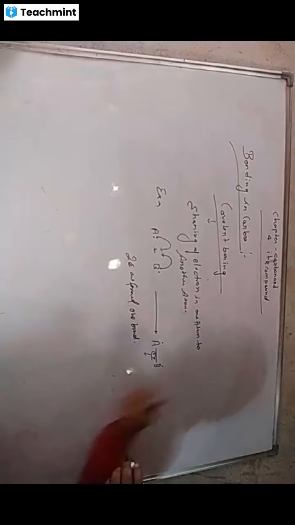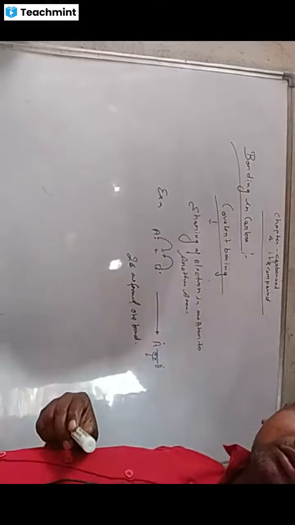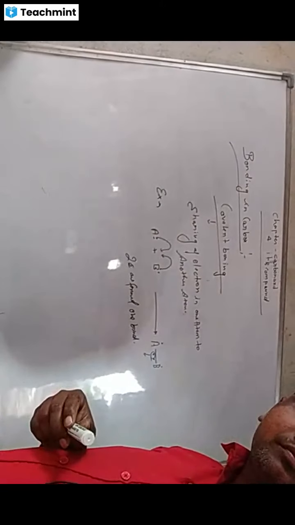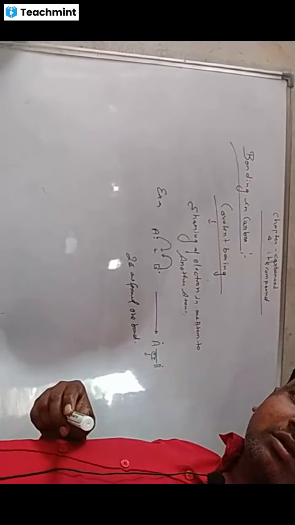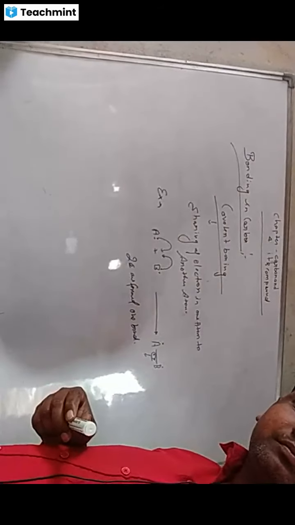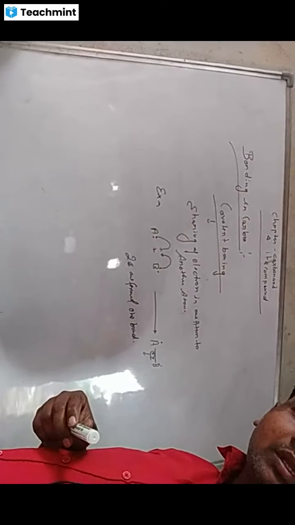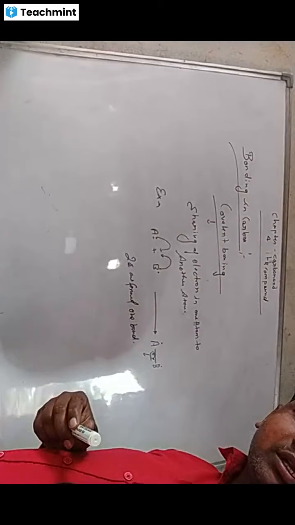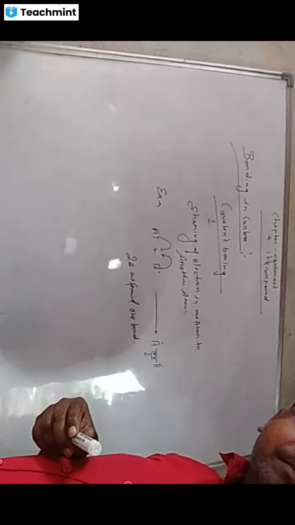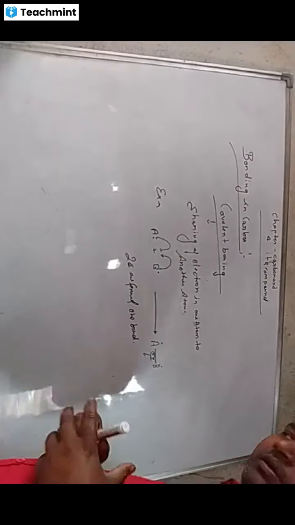This is the sharing of electrons. Similarly, carbon has 4 electrons. Valency of carbon is 4.